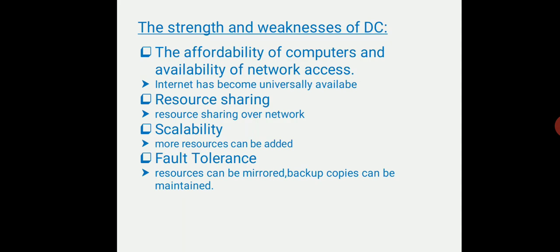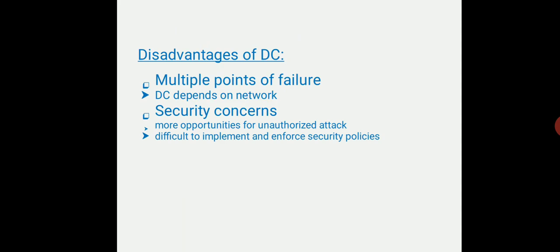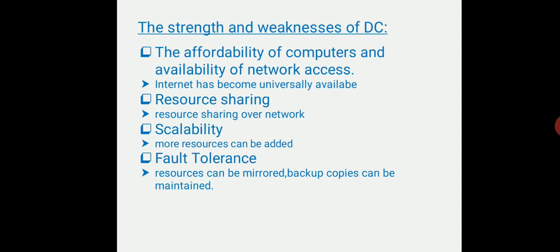The processing will continue, and they can easily accomplish the task using the resources of other computers. Because these resources are interconnected, it can tolerate the fault. So these are the advantages of distributed computing.